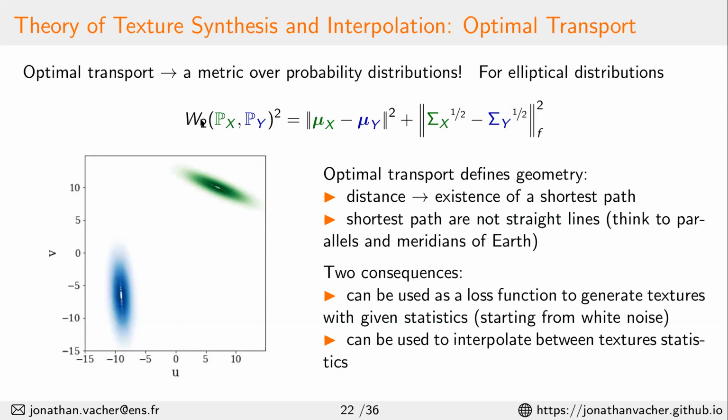So this is what we are using to calculate a loss function to generate textures, given the statistics of an example texture. And we can also interpolate between textures. So if this is one texture and this is another texture, you will be able to move along the path.